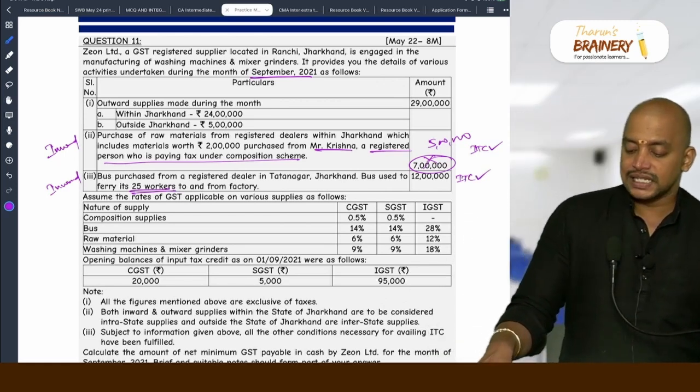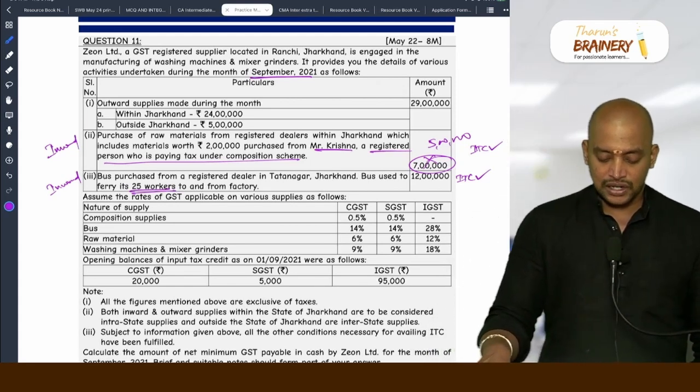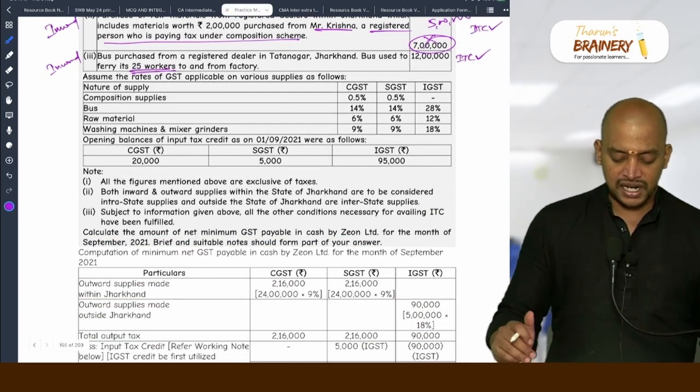And are we paying any GST under RCM? So far no. Assume the rate of GST on various supplies: composition supply, bus, raw material, washing machine and mixer grinders. Opening balance of ITC were as follows.